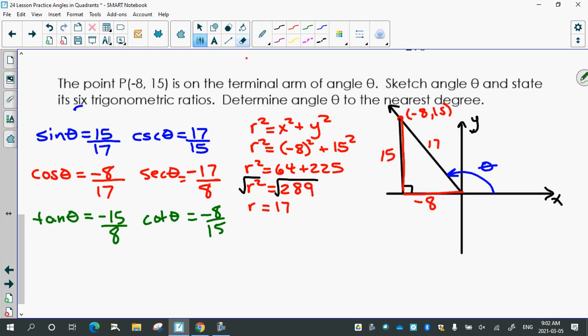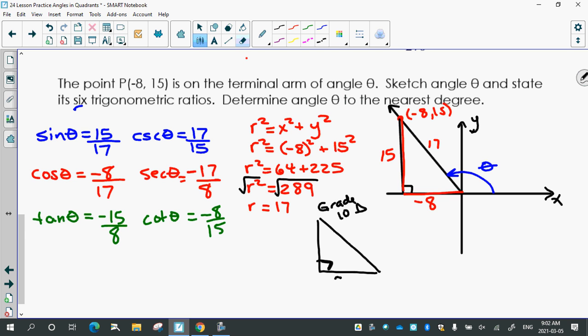So there's our 6 trig ratios. So now we actually have to find angle theta. So this is where we draw our grade 10 triangle, I call it. And we ignore all negative signs, because in grade 10, no sides were negative. It's hard to think of a side length being negative, so we call this a grade 10 triangle.